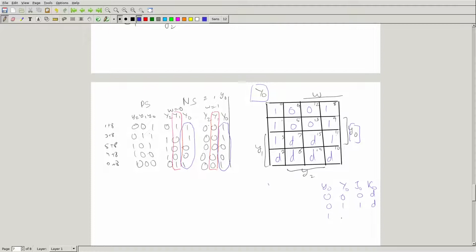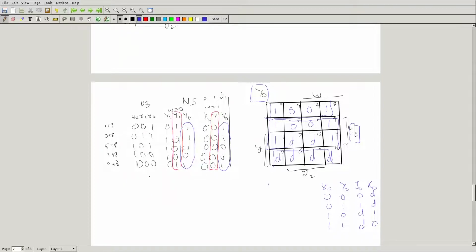And when we have y0 as 1, we are going for j as don't care and k to be flipped. So this half of the K-map and this half of the K-map will lead to different answers.